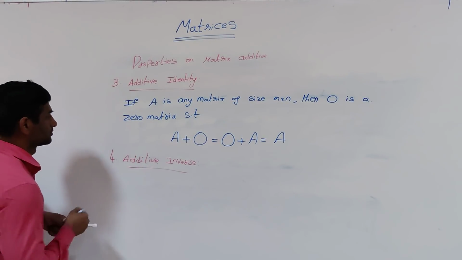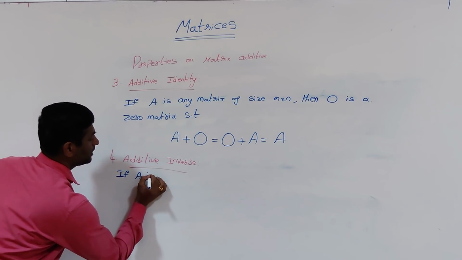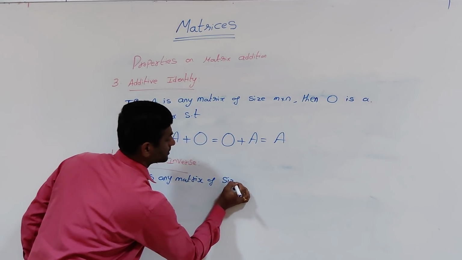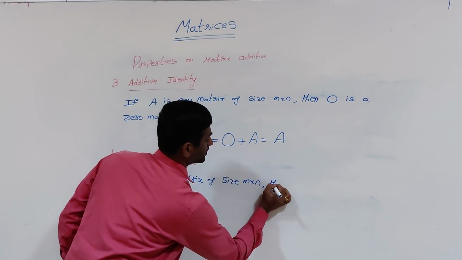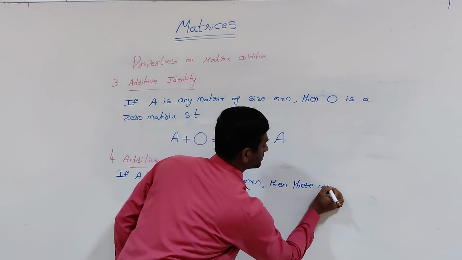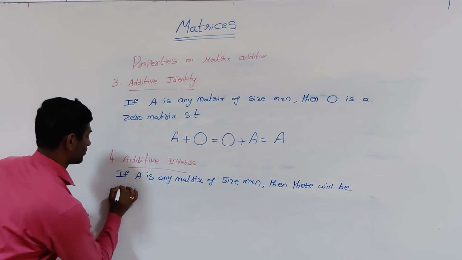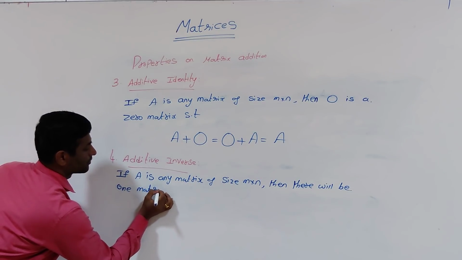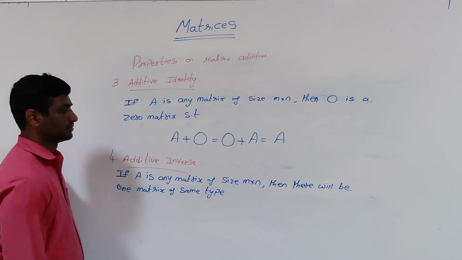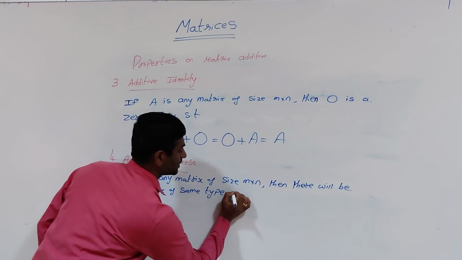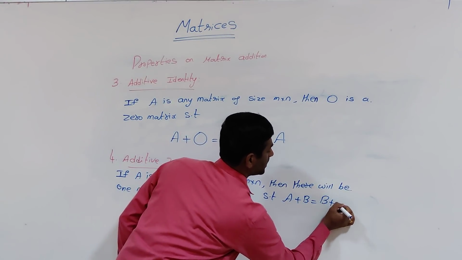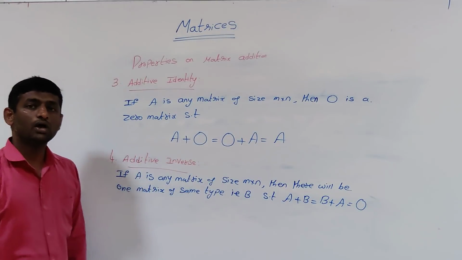If A is any matrix of size m by n, then there will be one more matrix of the same type, assume that it is B, such that A plus B is equal to B plus A is equal to O, where O is the additive identity.